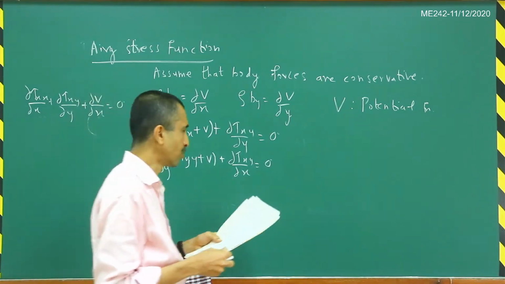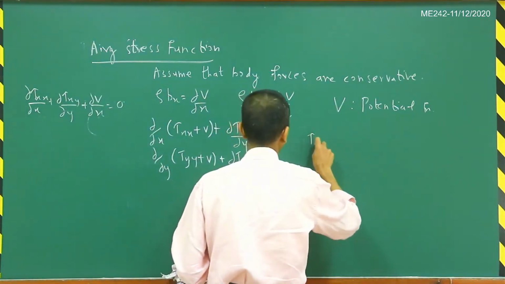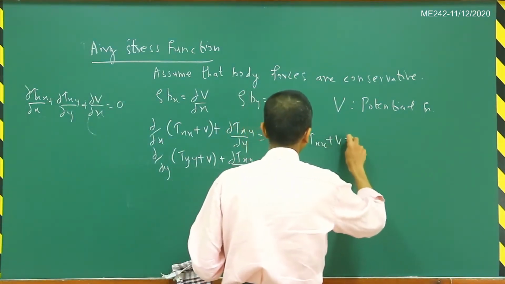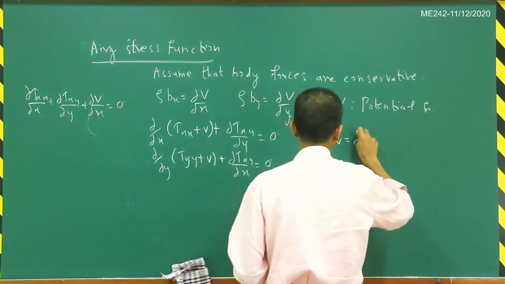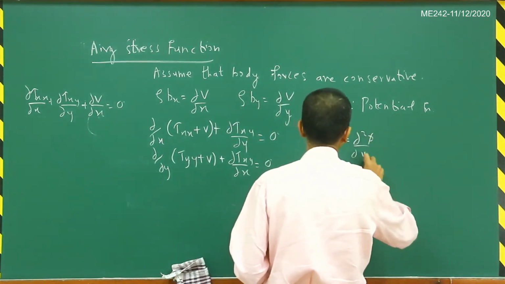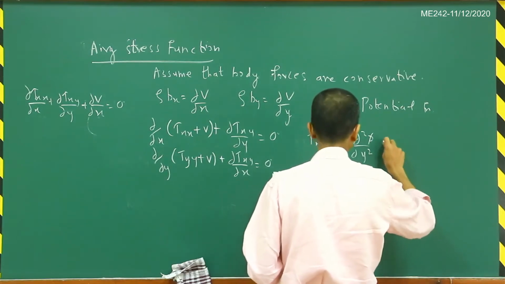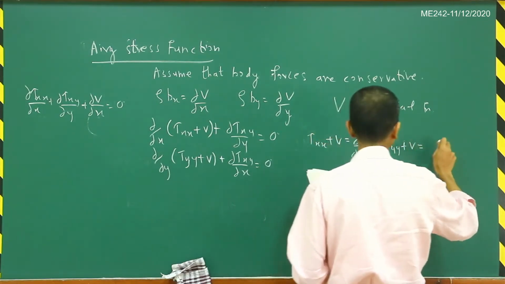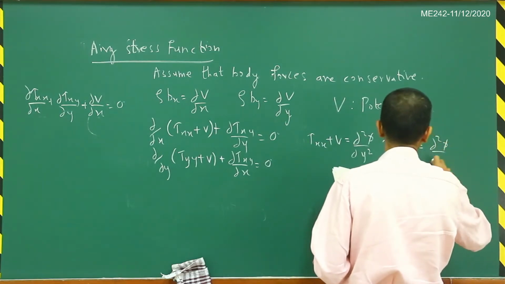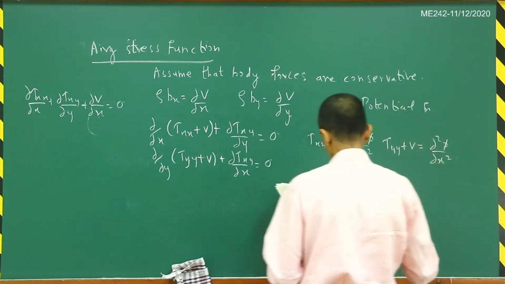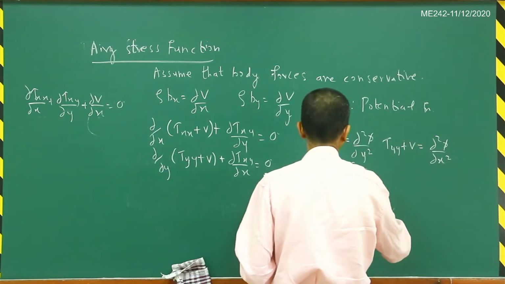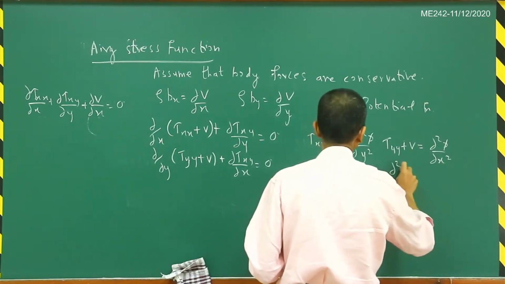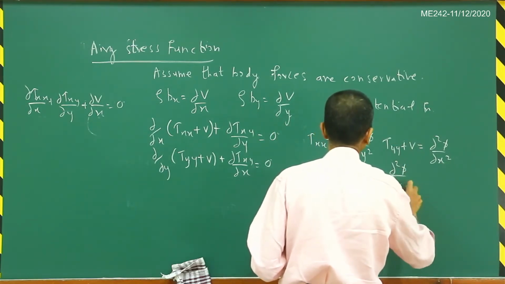So we will write tau xx plus V as equal to del square phi by del y square, tau yy plus V as equal to del square phi by del x square, and tau xy as equal to minus del square phi by del x del y.